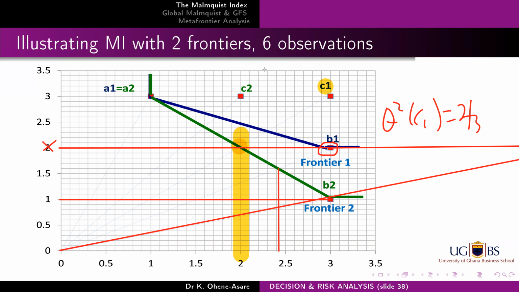Now, you can see that efficiency scores, the last time we said it, input-oriented efficiency scores, are supposed to be between 0 and 1. But then this one is 2, which means that the score is called what? What is the name of the score? Who can tell us? What is the name of that score?